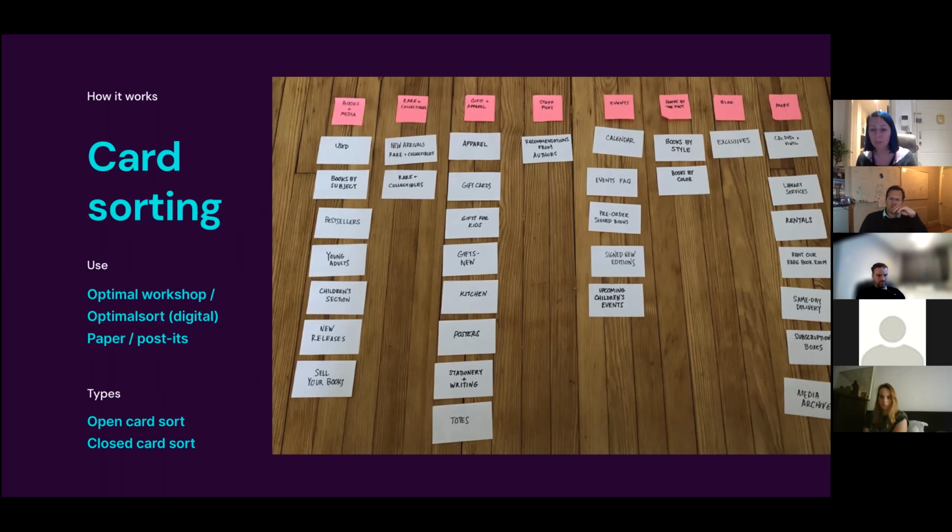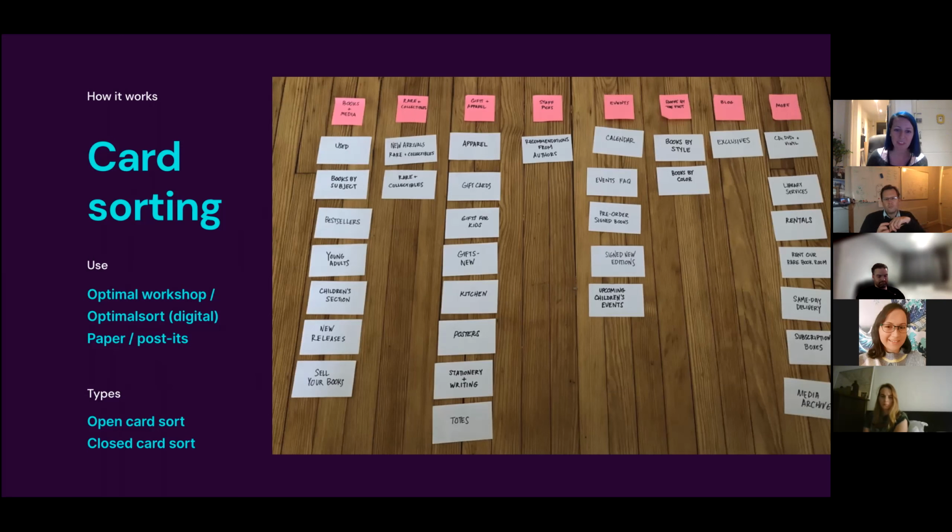So you might do more of a closed card sort with any new features to see where they might fit with the current menu. But then you also might have the option to create an extra bucket if it really doesn't fit. So there's lots of scenarios when you might use closed or open.